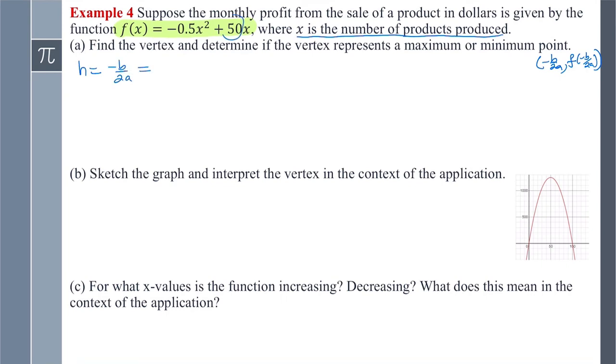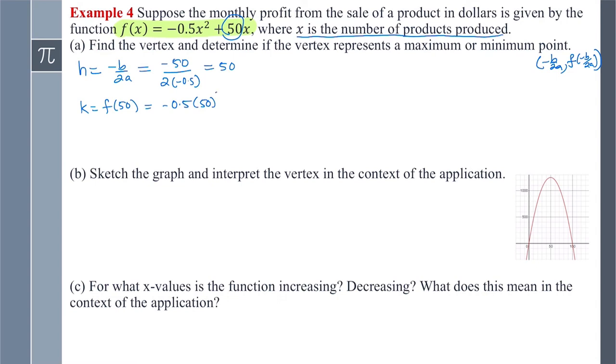Here b is 50, so negative 50 divided by 2 times negative 0.5. Negative 0.5 times 2 is negative 1, so negative 50 divided by negative 1 is 50.